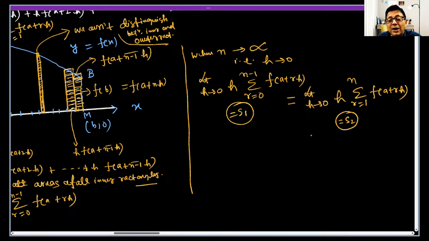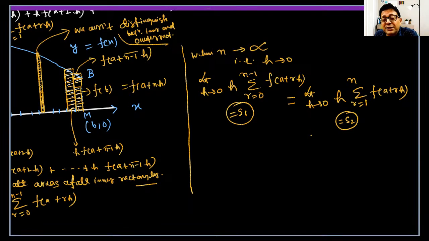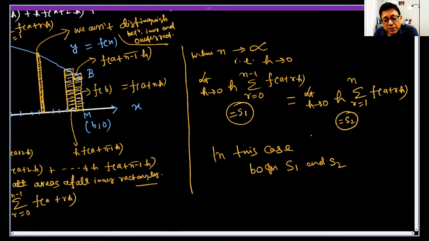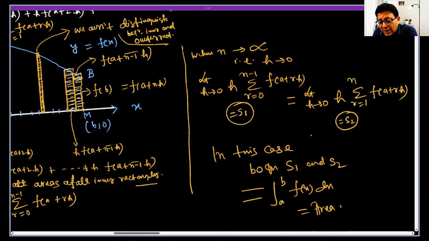Okay? So under this condition, S1 equals S2, and geometrically we have seen that in this case both S1 and S2 will be equal to integral a to b f(x) dx, that is equal to the area under the curve between this.